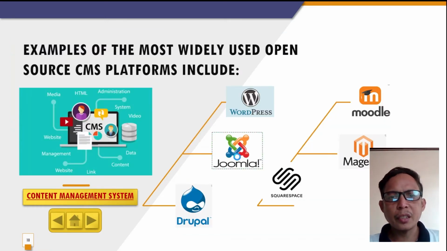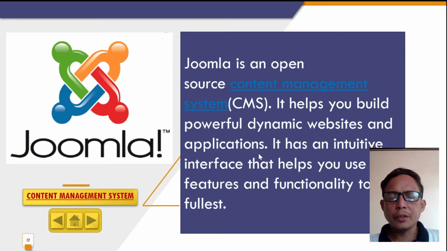Another is Joomla. So what is Joomla? This Joomla is an open source content management system. It helps you build powerful dynamic websites and applications. It has an intuitive interface that helps you use its features and functionality to the fullest.